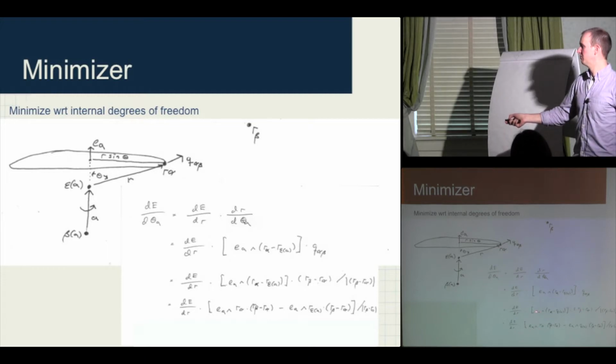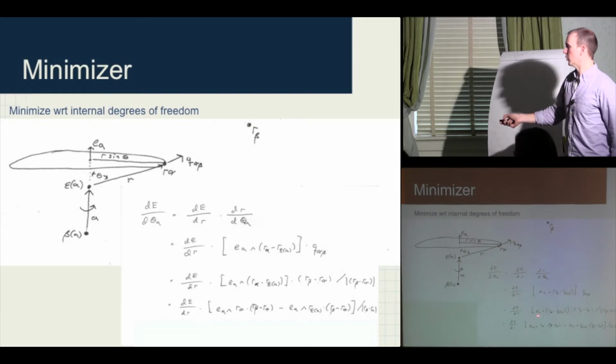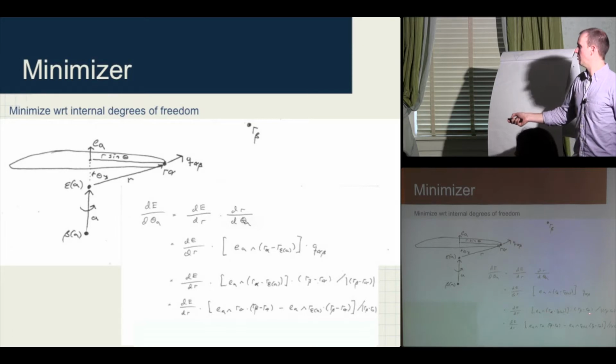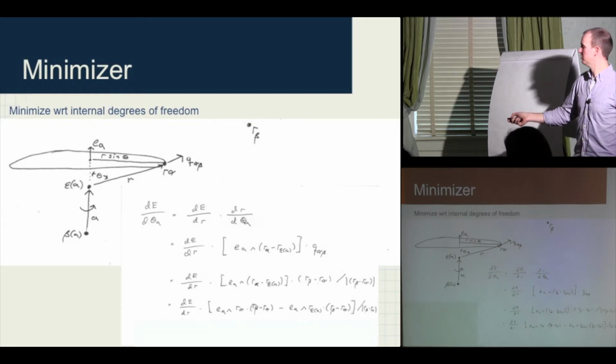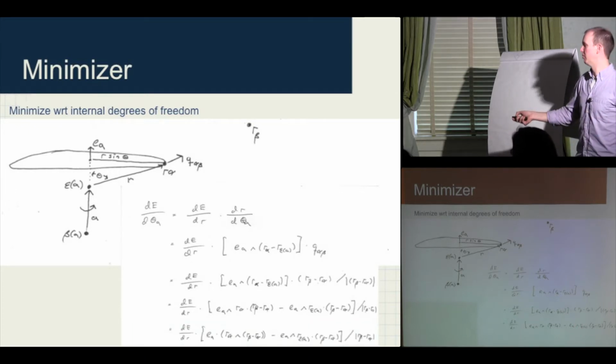So we have now E alpha cross R alpha minus R epsilon sub A, take that with the dot of, we're going to distribute the cross product. So this R beta minus R alpha is going to appear twice, and then we're going to have R alpha in this portion of the difference, and then epsilon A in this portion of the difference. So we have this cross product and that cross product distributed from here.